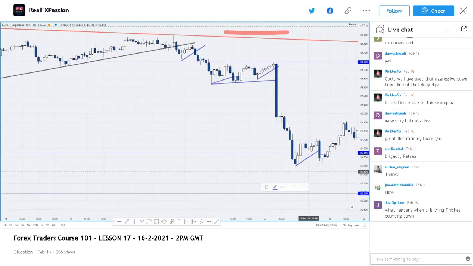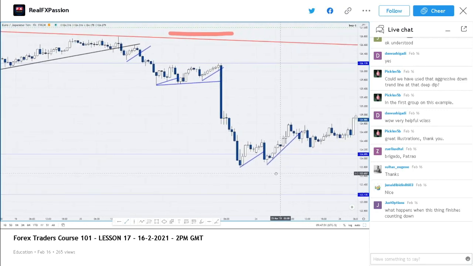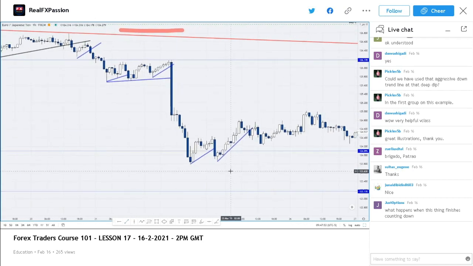If you want, another trend line break, right? And the market was pushing higher and higher, right? So this would be another counter trend line breaking here, counter trend line breaking here, counter trend line breaking here.